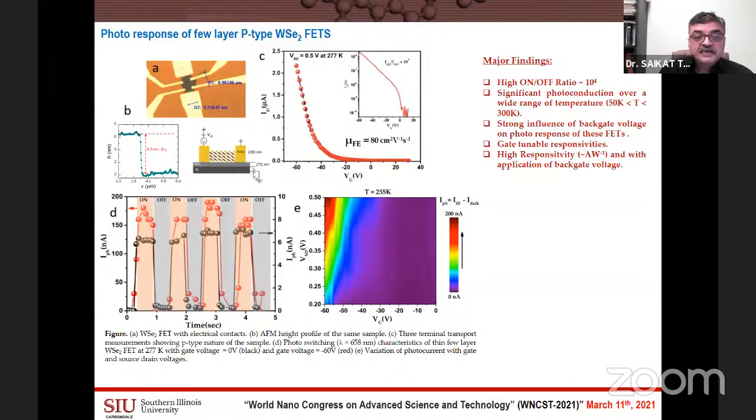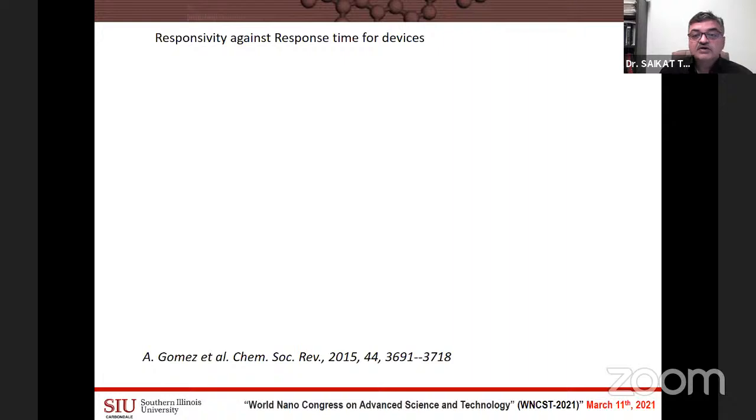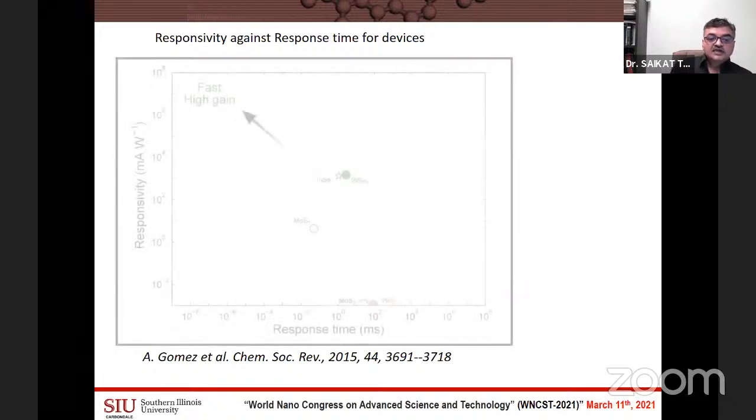Similarly, we have done P-type WSe2. This is a collaboration with the Florida National High Mag Lab and Jackson State. Again, here you can see that at high gate voltages, you have several orders of magnitude higher current.